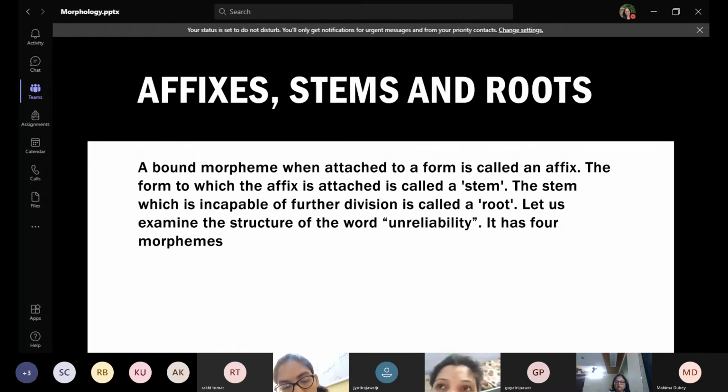Break is a root. Breakable becomes the stem, to which you can add affix un. So it becomes unbreakable. Root is something which cannot be further divided. Stem is something which can be divided, onto which some affix is attached.